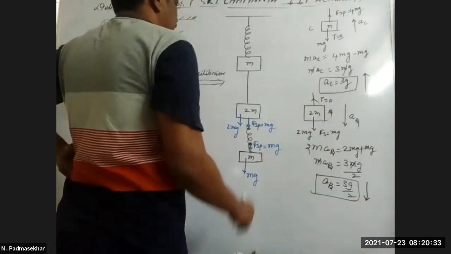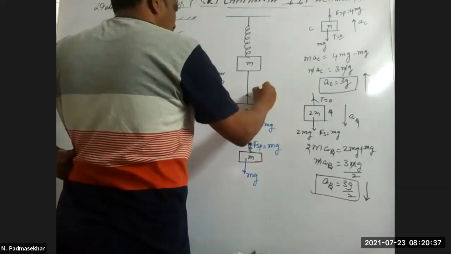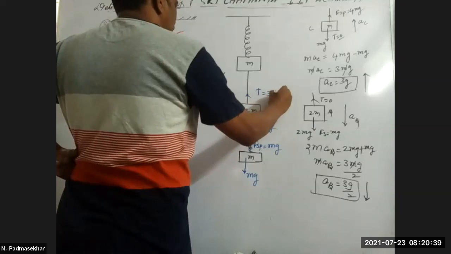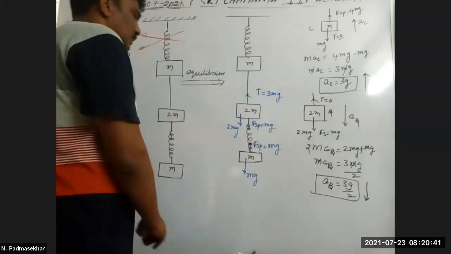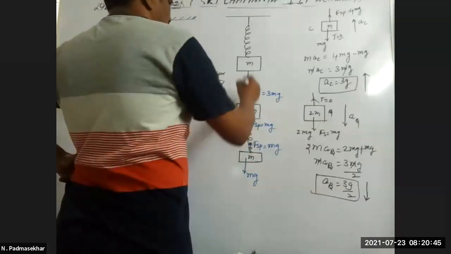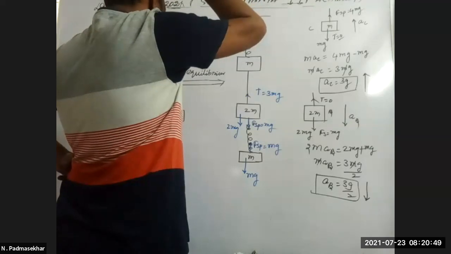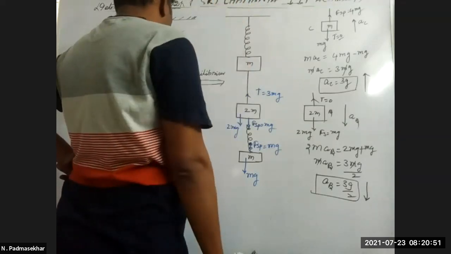So now, here, the tension is equal to 3mg. And this one is cut like this.